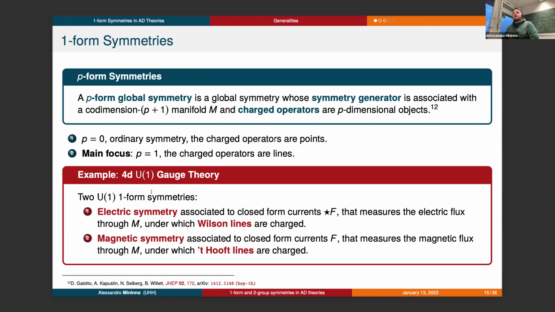Of course, you can also have the magnetic symmetry, which is a closed form associated instead with F, which is not the Hodge dual. And this is associated to a magnetic flux through M, and the objects that are charged are 't Hooft lines.